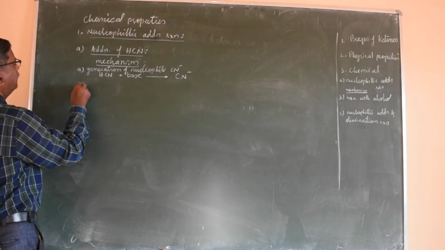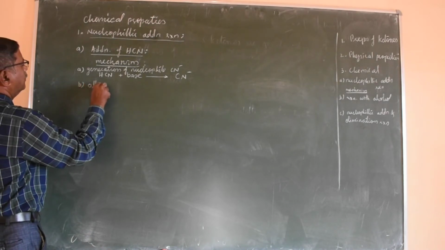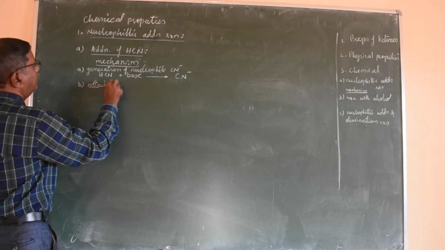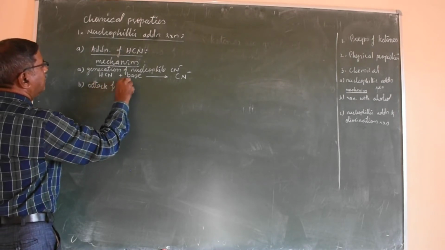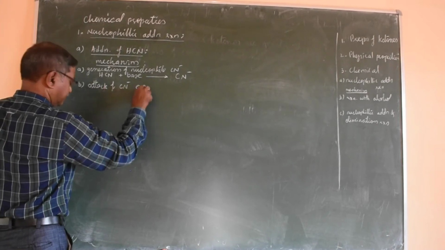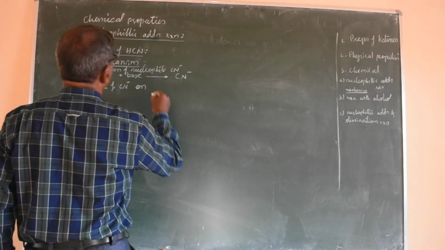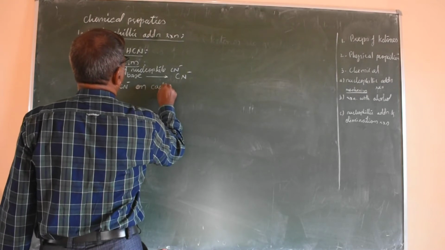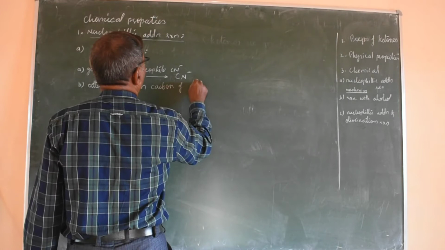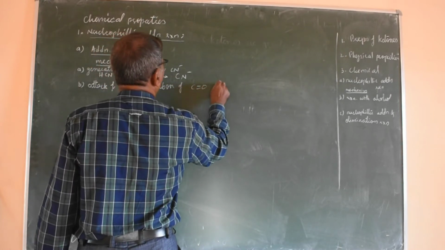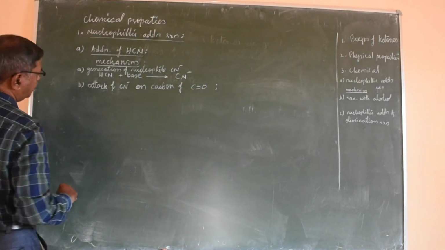Second, the attack of CN minus on the carbon of C double bond O. I am writing this C double bond O, that is an aldehyde or ketone.